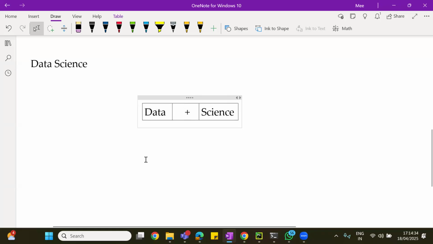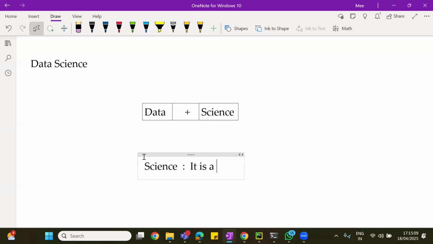Now, what is science? Let's keep the data aside for some time and see what science actually is. Science is nothing but when you are doing a detailed study in any sector.